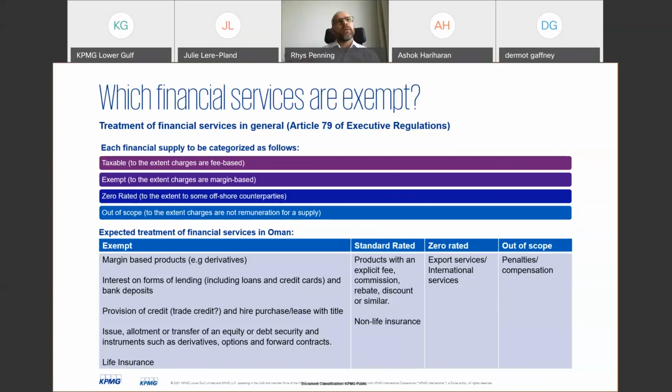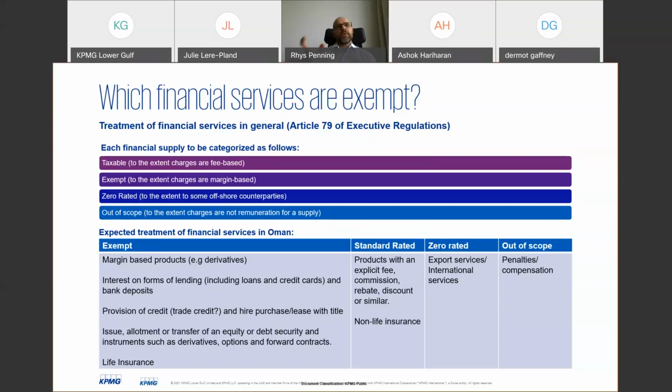The underlying loan itself with the interest should be exempt because that's a margin-based remuneration. But what if, as is always the case, I have to pay a facility fee and a commitment fee and some other fees? We think the better view is that those explicit fees give rise to a VAT liability, whereas the underlying interest does not. That's because of the exclusion from exemption for explicit fees.